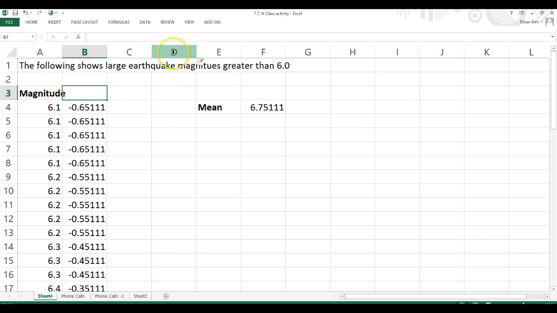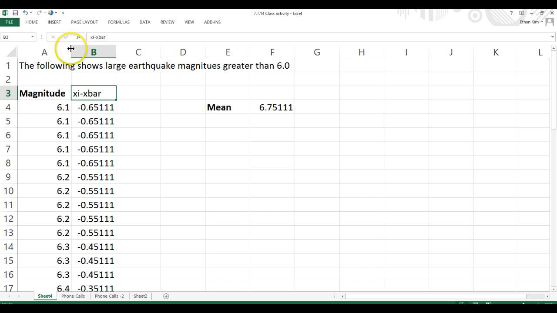And this takes care of, let me just label this, this is x sub i minus x bar. Okay? So these are the x's. Let me label these xi. These are xi observations, and we have xi minus x bar, and then we have to square these numbers.